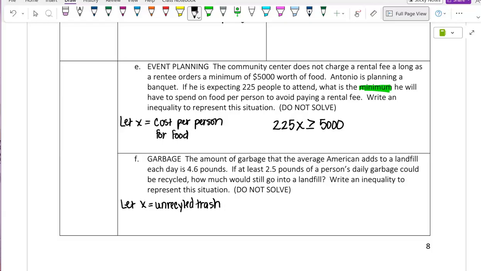So if we took our 2.5 pounds that we could recycle plus our unrecycled trash, that would need to be less than or equal to the 4.6. Again, they're just asking us to write an inequality. They are not asking us to solve. Again, tomorrow's homework, when you get that, the word problems, we will be going all the way through and solving those.